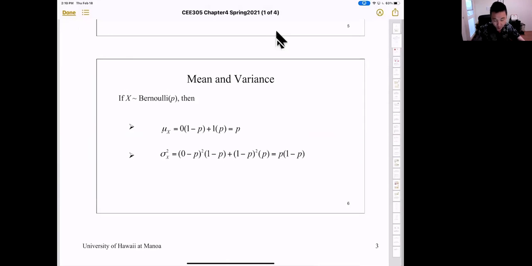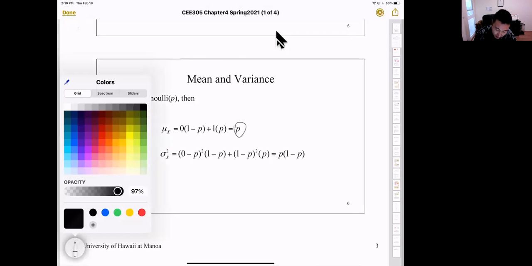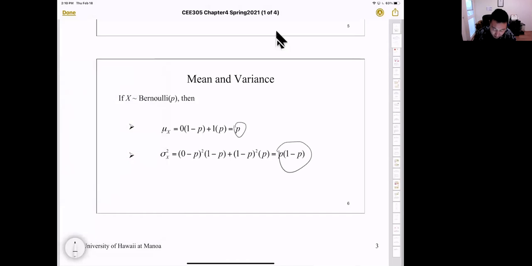Okay, so if we find out an experiment follows a Bernoulli trial with probability of success equal to p, then the mean value mu x will equal p, and the variance sigma x squared is equal to p times (1 minus p).